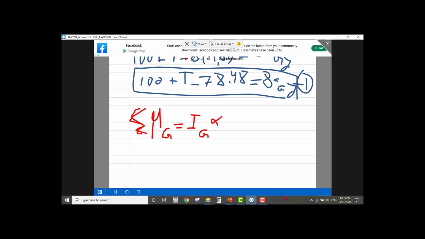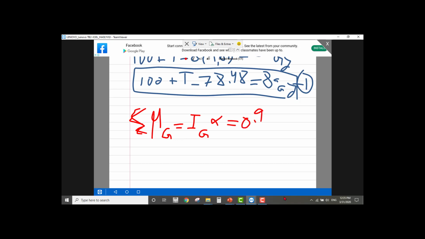There is no moment due to acceleration because the acceleration passes through the centroid. We are only left with the mass moment of inertia times angular acceleration. Okay, I_G alpha, I_G I can write directly.